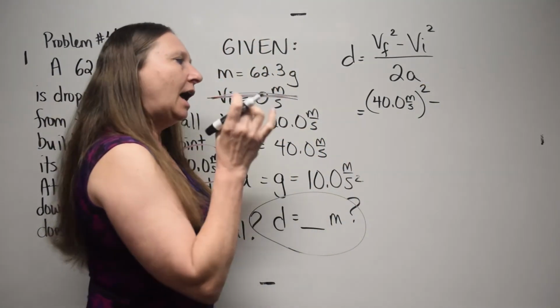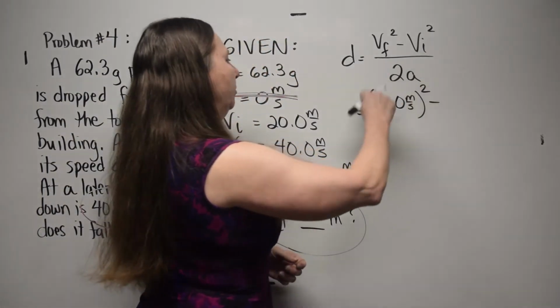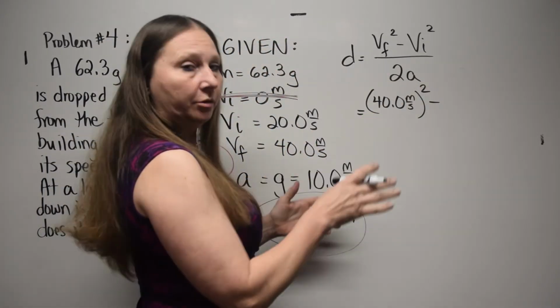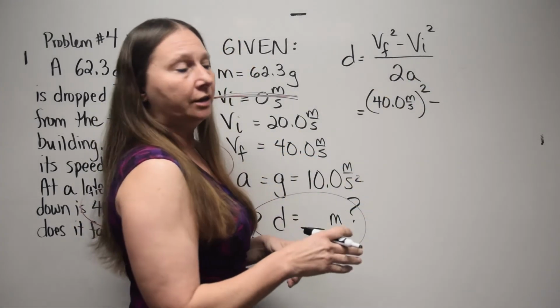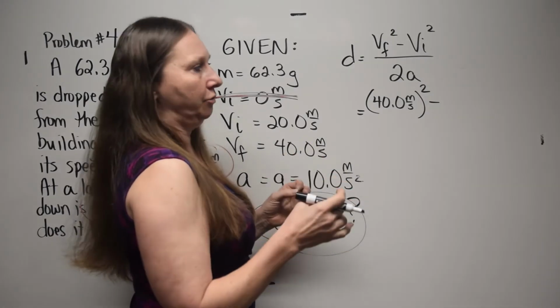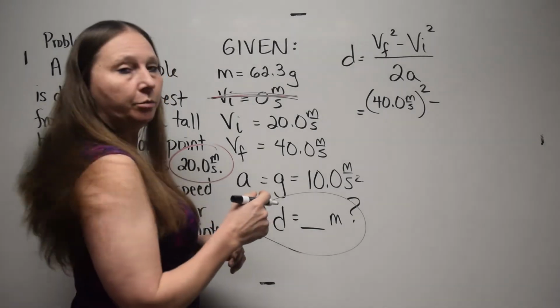Guys, watch how I plug in. You can't put the unit on the outside. You can't put the squared on the inside of the parentheses. The unit has to be inside the parentheses, and the squared has to be outside the parentheses. Do it any other way, it's wrong. It's going to be marked wrong. You're going to lose probably all of your points.